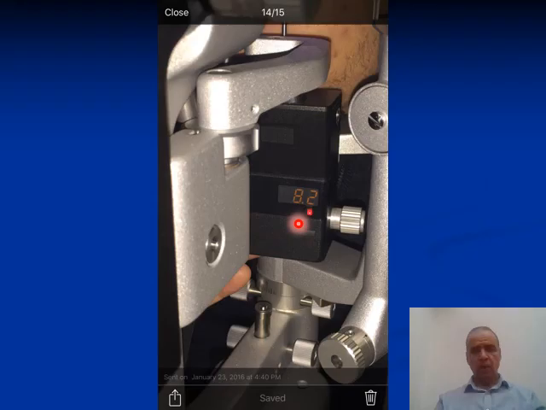This is the intraocular pressure on the first post-operative day for the same patient with a trabeculectomy and Ex-PRESS valve. So you can see there is a drop of intraocular pressure from 38 with maximum medical treatment to 8 millimeters of mercury without any medication.